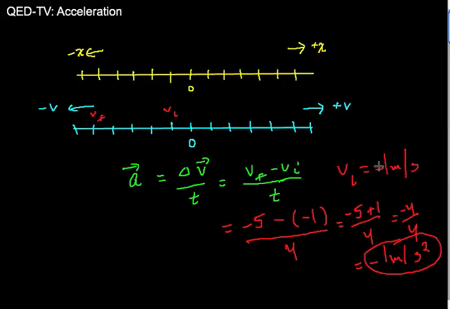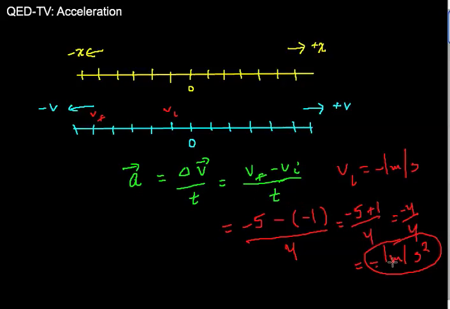And since the signs are the same on my initial velocity vector and my acceleration, that means I'm going to be speeding up. So I was at negative 1 meter per second, or the better way to say that is 1 meter per second to the left. And then after another second, I was going 2 meters per second, and then 3, 4, 5 meters per second. I was going faster and faster in the left direction.